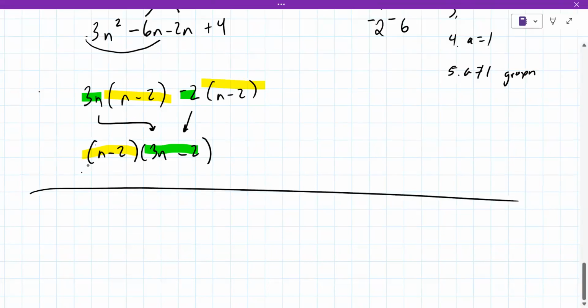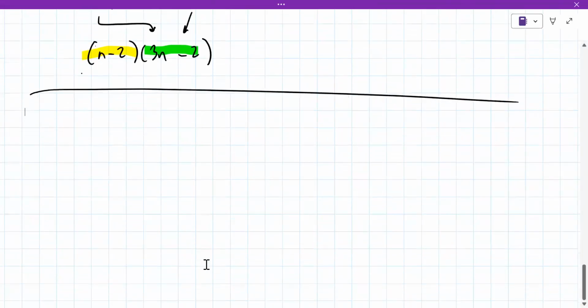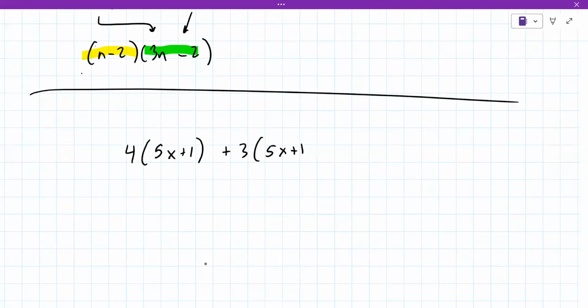Let's try again here. So let's say it's 4 times (5x plus 1) plus 3 times (5x plus 1). This is 7 times (5x plus 1). Do you agree with that? Because you got 4 of them and 3 of them.